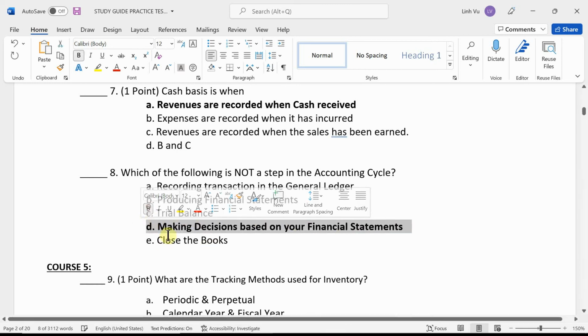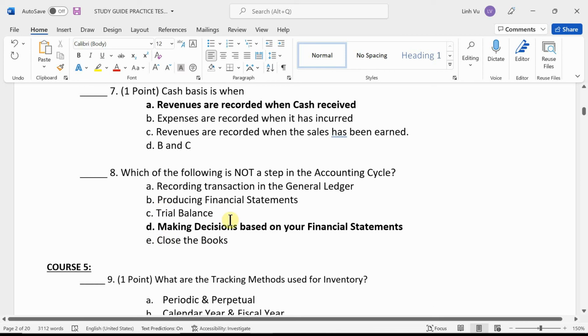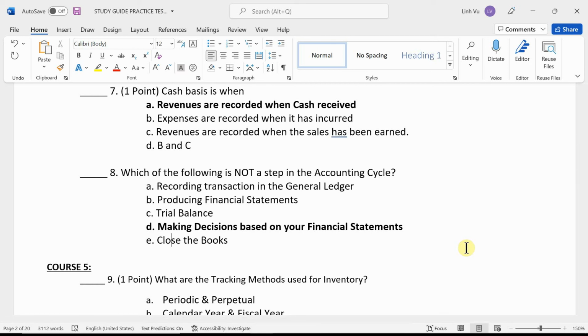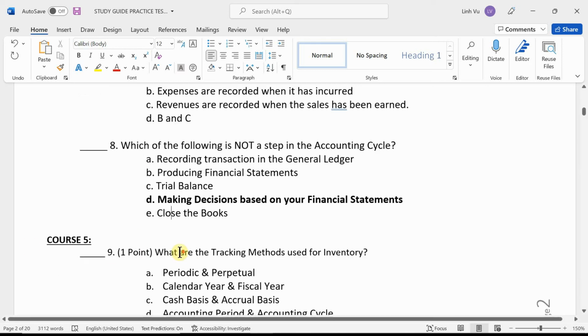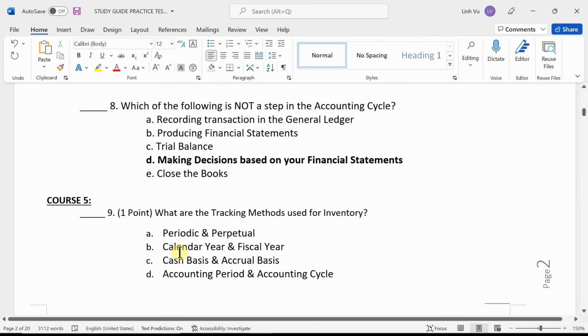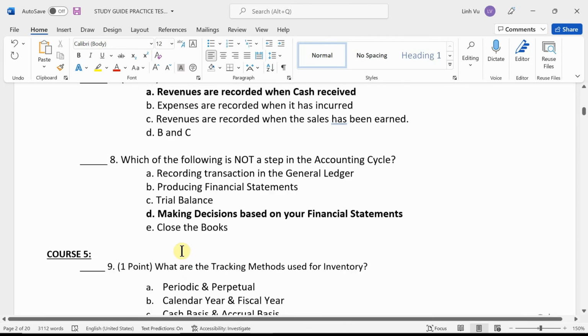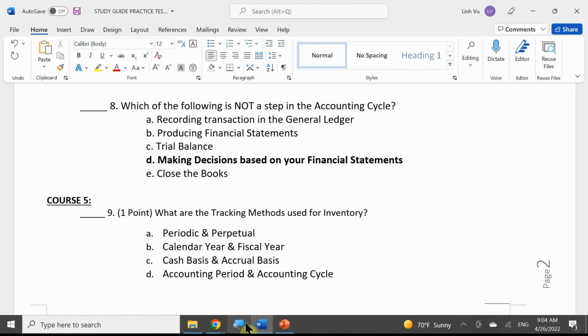Recording transactions in the general ledger is step 4. Producing the financial statements is step 8. Doing the trial balance is step 5. And closing the books is step 9. So making decisions based on your financial statements is none of those steps. Make sure you take a look at that.